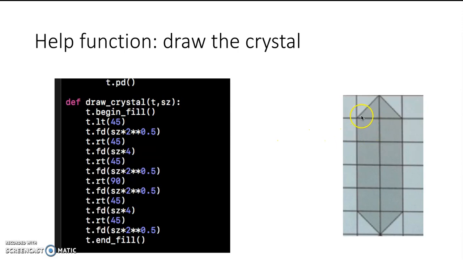It turns left 45 degrees, and then moves forward size times square root of 2, and then turns around and moves 4 sides here, and then turns to the right, and moves size times square root of 2, and then turns 90 degrees, and then repeats the last steps, and I will get this function. I get this image, this crystal.